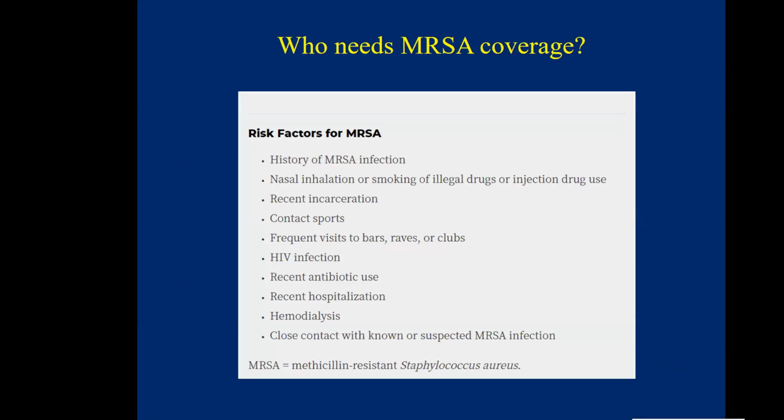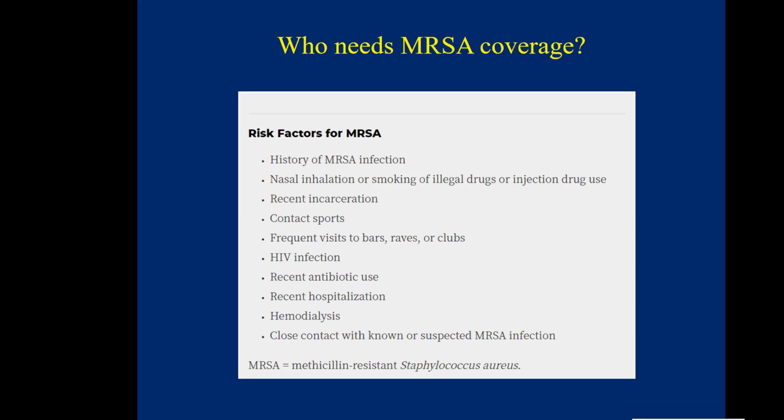And we go to who actually needs MRSA coverage, and these are risk factors. So a history of MRSA infection. So go back to your cultures and check if the patient has been colonized or they have had MRSA. Smoking, illegal drugs, injection drug use, recent incarceration, contact sports, frequent visits to bars.